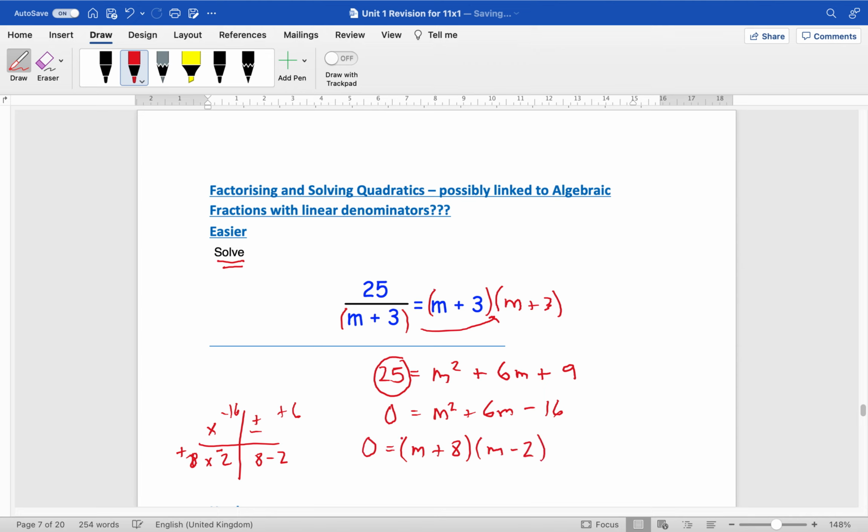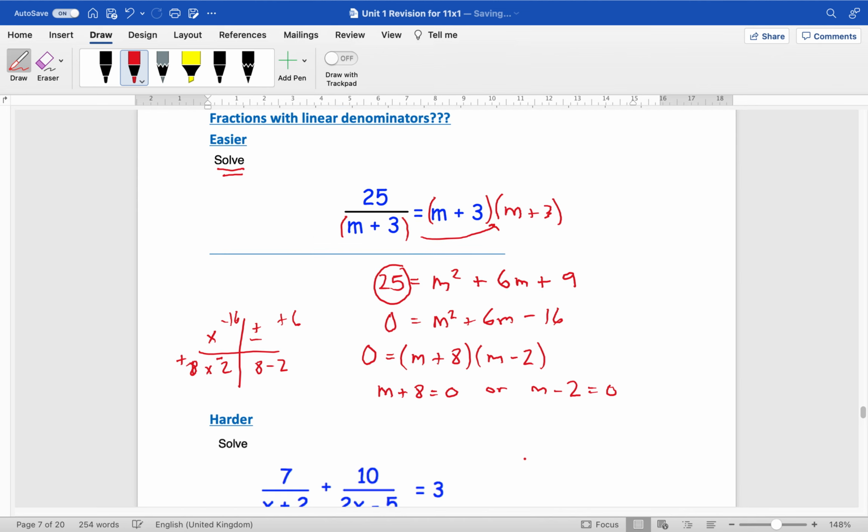So either that bracket equals 0, or that bracket equals 0. One of those two brackets needs to equal 0. Therefore, m is equal to, take the plus 8 over here to be minus 8, or take the minus 2 over here to be plus 2.